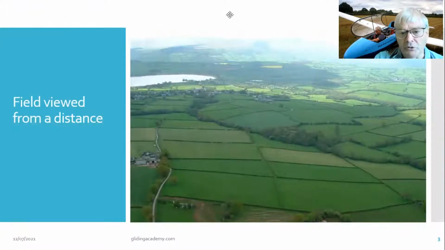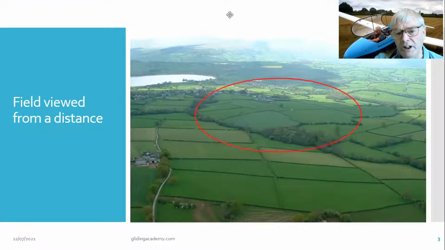To make some sense of this, we're using a series of photographs of fields in South Wales, and we're viewing some fields now from the distance, and I'll just show you. So we've got a group of fields here that we've selected as looking suitable for an outlanding, and in particular I've selected this one, and to help us identify it as we go through the slides, we're going to use this tree.